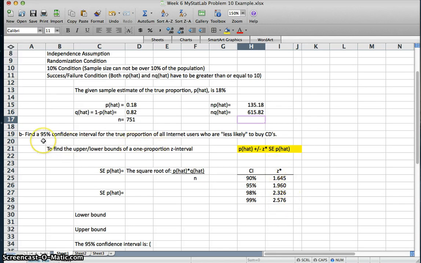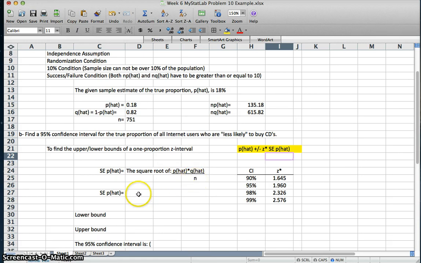Since we are asked for a 95% confidence interval, we know we're going to use 1.960 as our z-score. We also need to find the standard error of p hat, and for that we're going to find the square root of p hat times q hat over n. That will give us that.